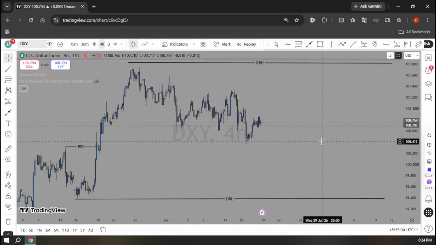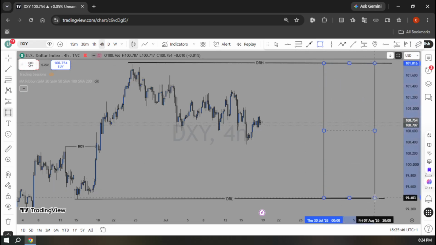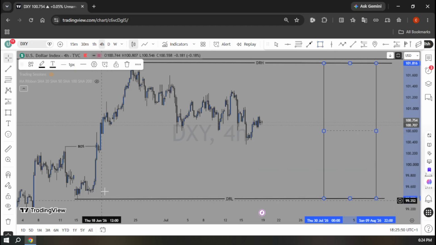When I say equilibrium, I mean the midpoint, and from that rectangle I can always get the premium and discount prices. So I would apply my rectangle from the high to the low of this particular move that happened here. This midpoint here is the equilibrium of this whole leg of price action.